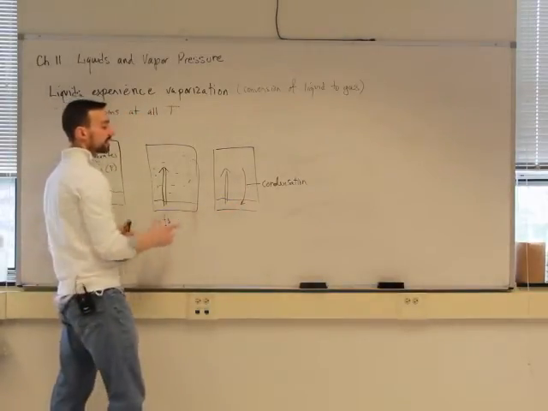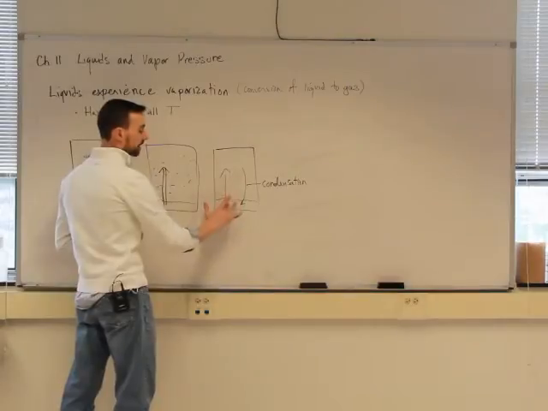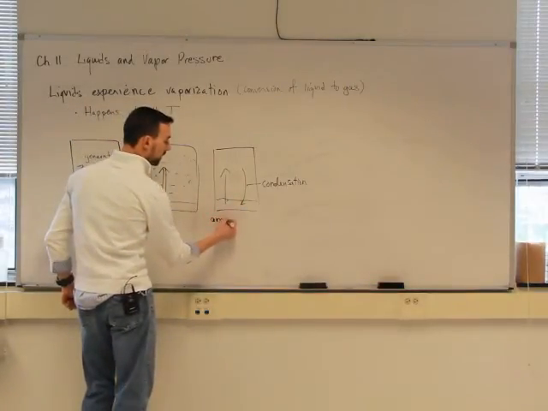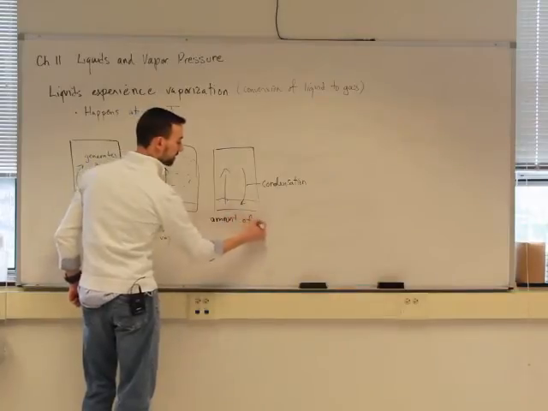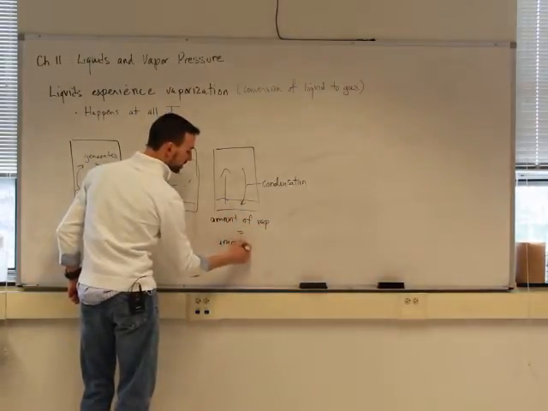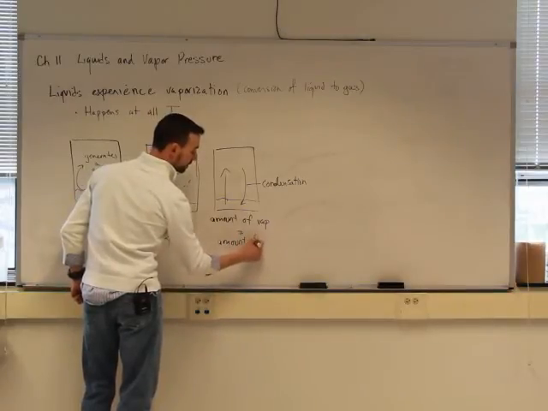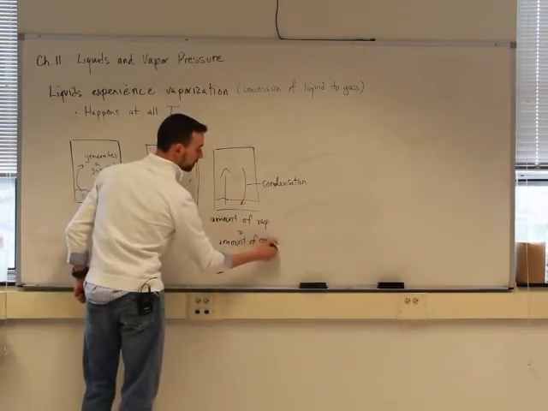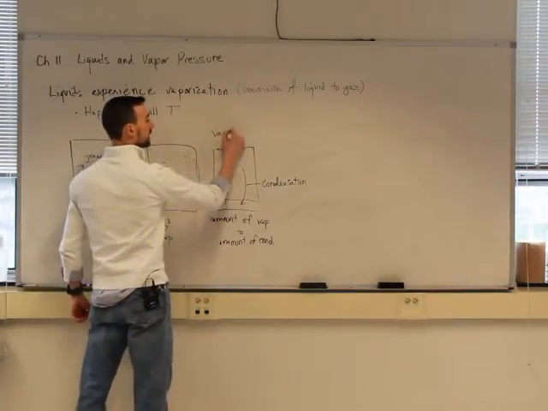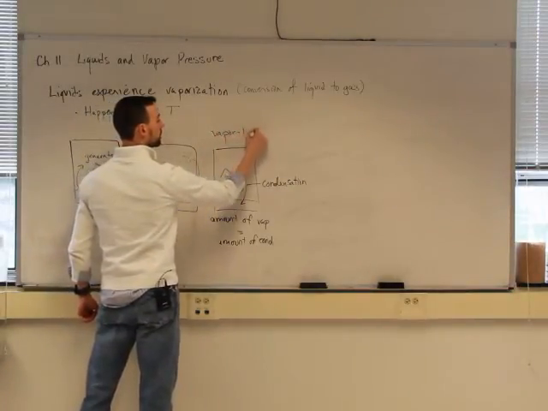And eventually, these two processes will become equal to each other. So when the amount of vaporizing equals the amount of condensation that's occurring, this is what we would term vapor-liquid equilibrium.